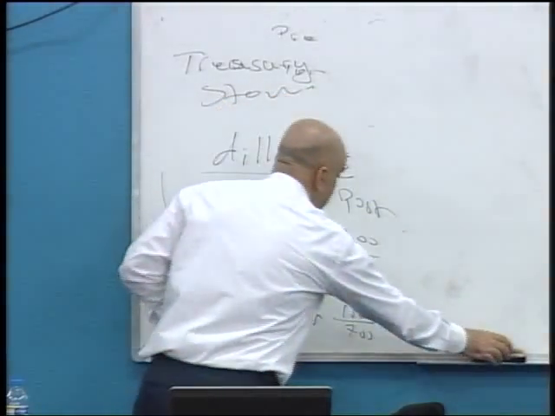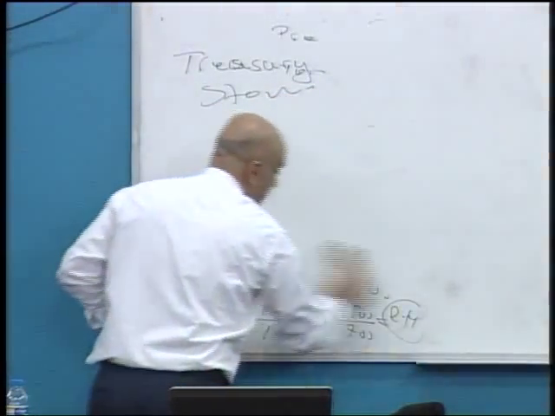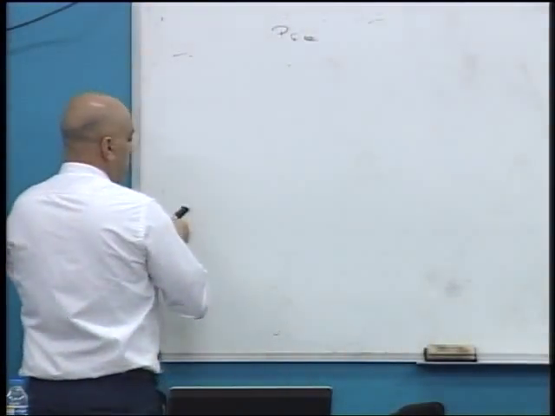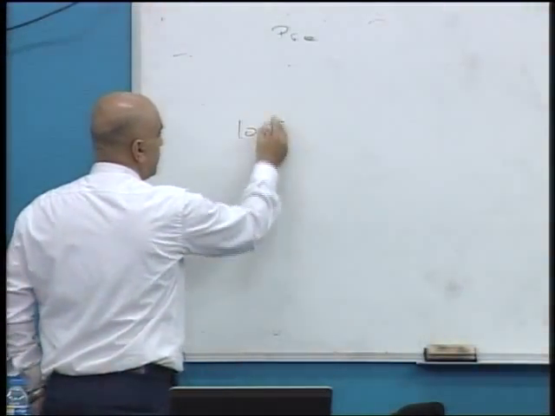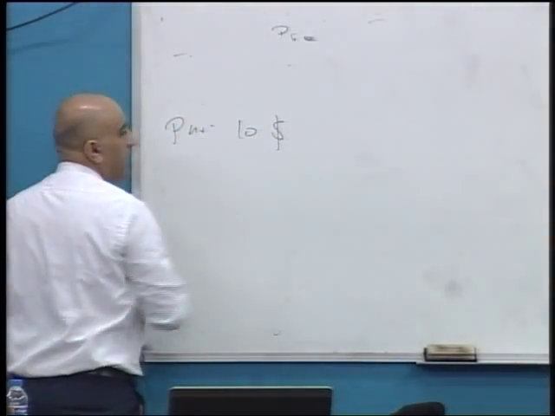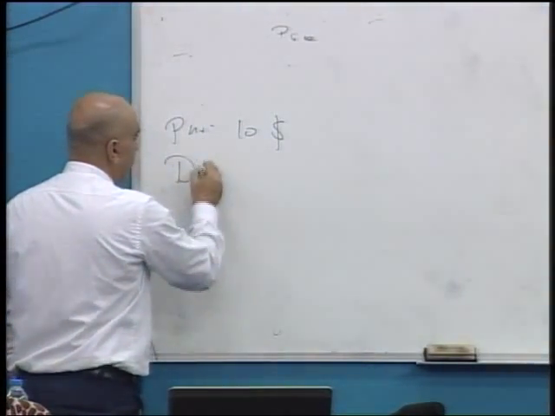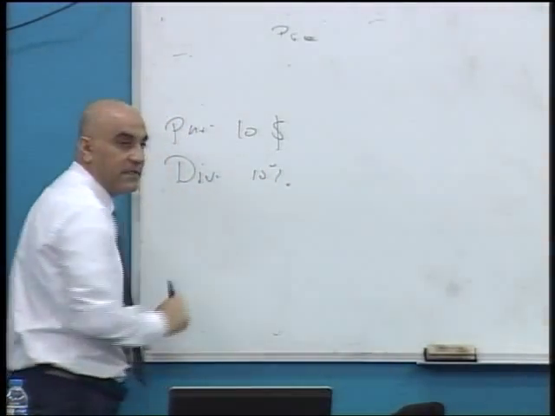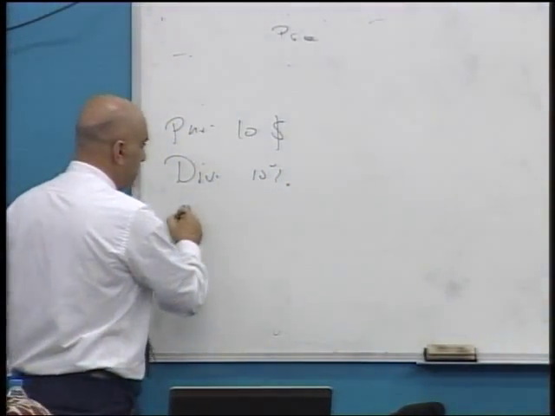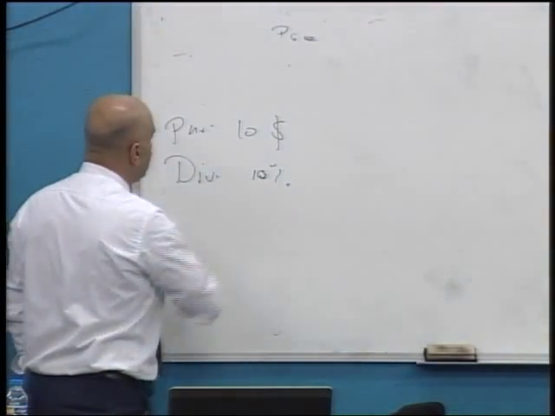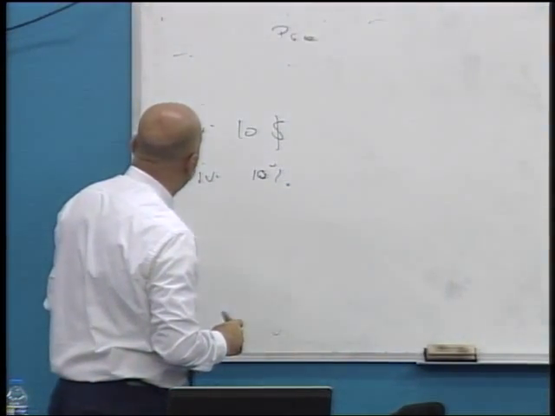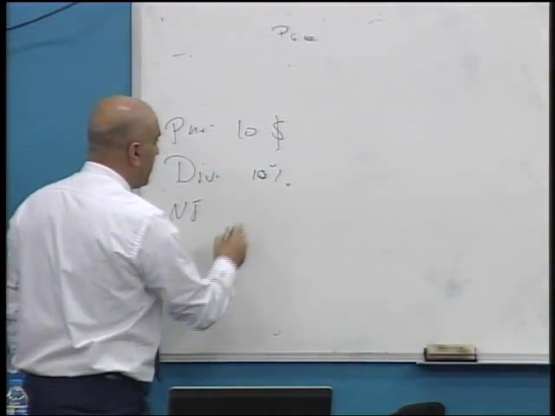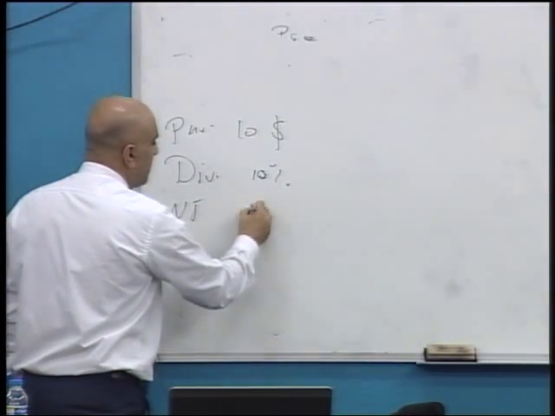If we have a preferred stock with a par value of $10, and the dividend is 10%, and the net income is, let's say, $70.